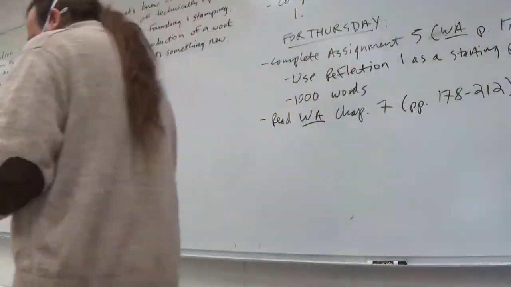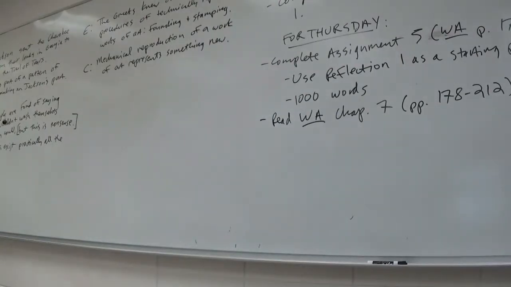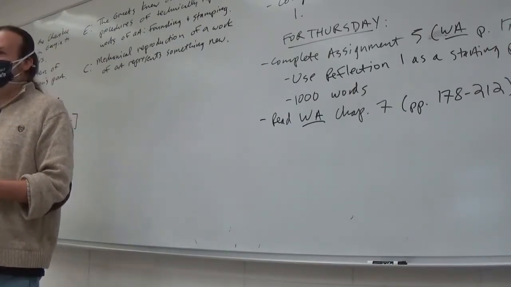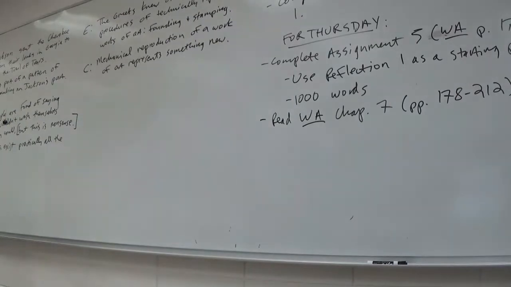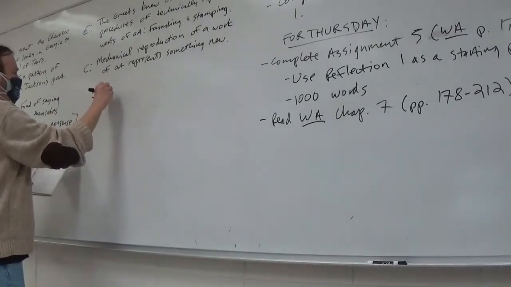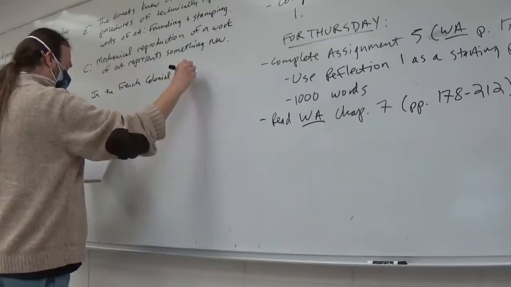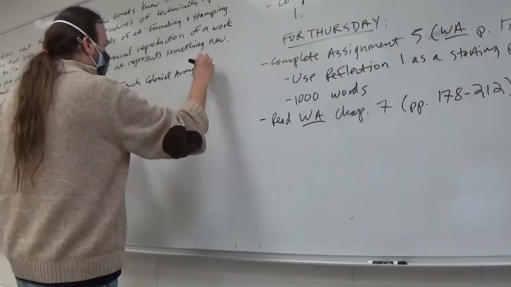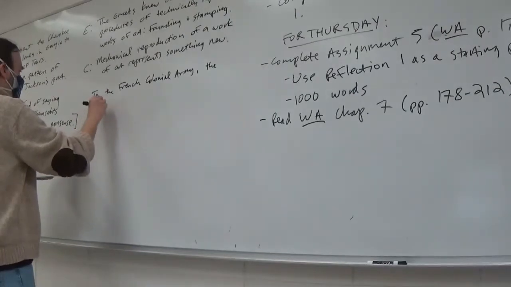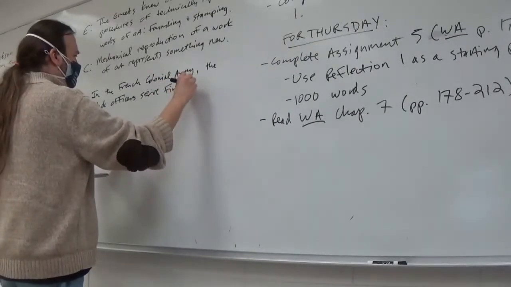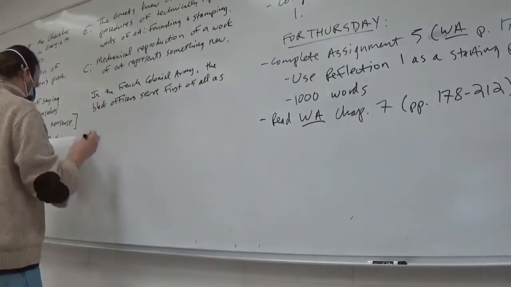All right, last one. This is from a book by a black psychoanalyst from Martinique, writing in the 40s, called Frantz Fanon. He's writing about the relationship between European cultures and colonized African cultures. It's called Black Skin, White Masks. And he's writing here about the French army, right? So the first sentence, in the French colonial army, the black officers serve, first of all, as interpreters.